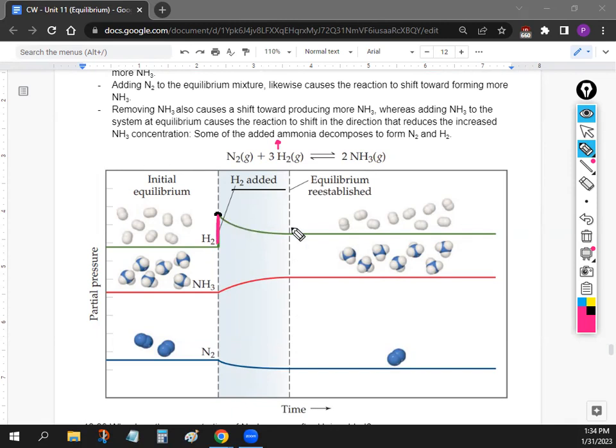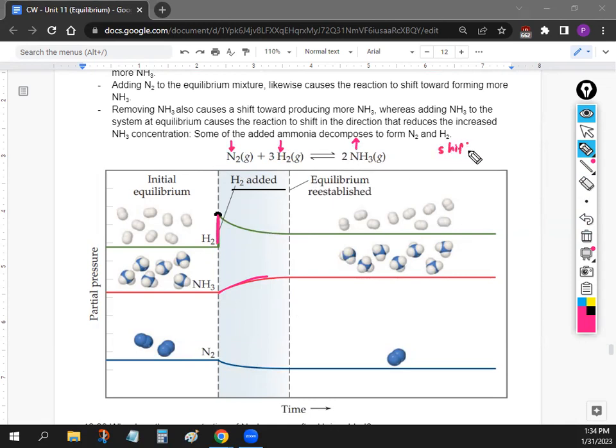When you add H2, the system is going to react by decreasing H2, which makes sense. There was already too much H2, so it's going to use some of that H2 to produce more NH3. And what happens to the N2? It goes down.